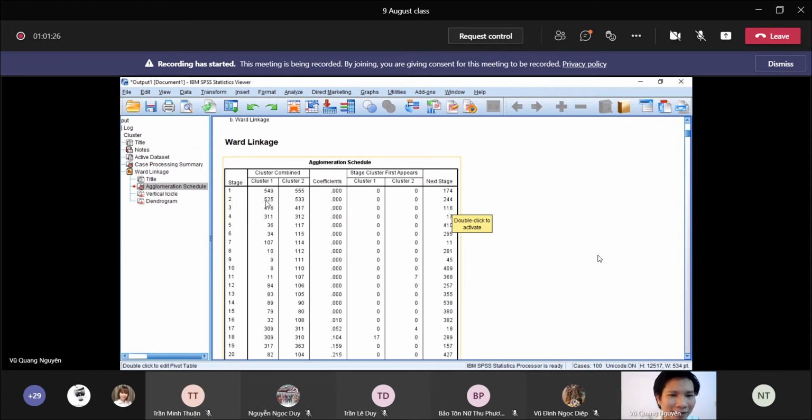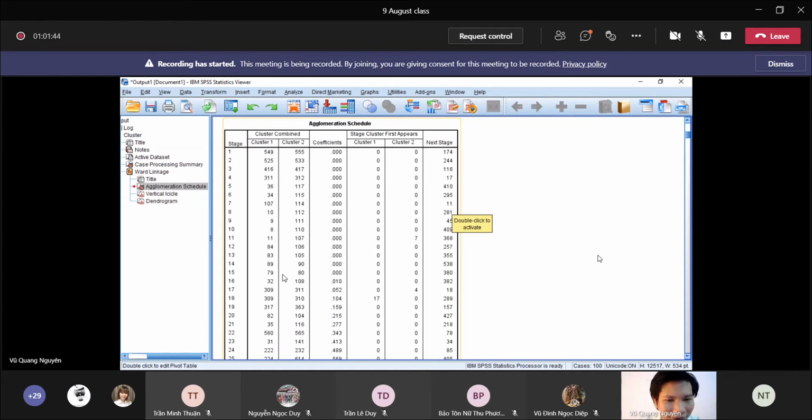In stage 2, the same thing happened with number 525 and number 533. They have the same answers, so the coefficient is 0. Until here, you can see that after 15 steps of combining the same answers, in the 16th step, number 32 and number 108 are a little bit different.